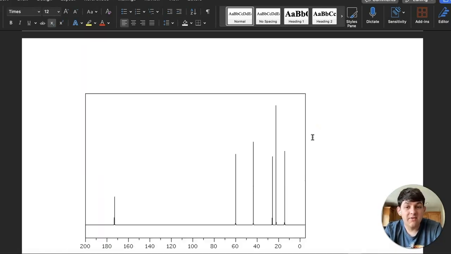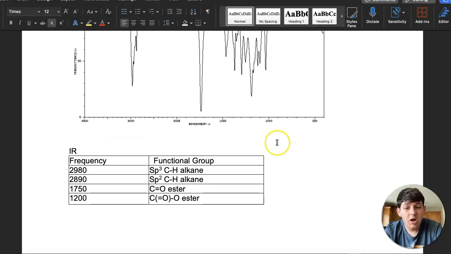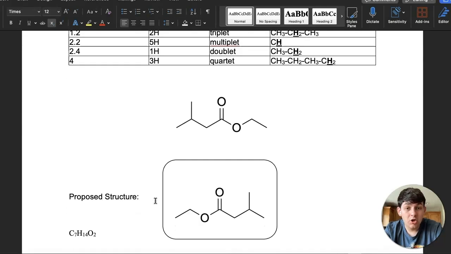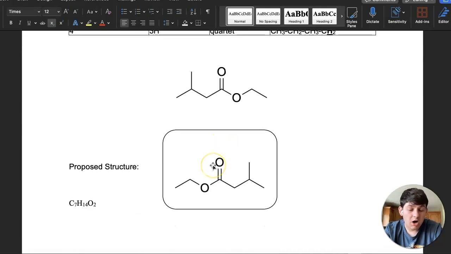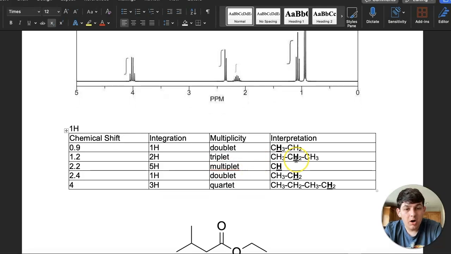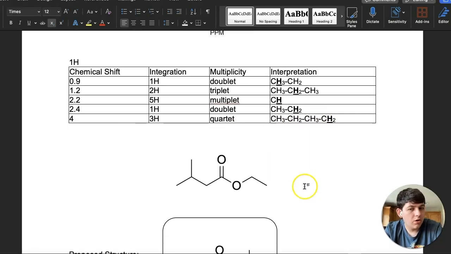In that IR, we specifically saw the presence of an ester with that C double bond O, and then the O coming off of that carbon that supplied the C double bond O with no OH. So that signifies it was definitely not a carboxylic acid. We have that presence here with this ester bond. In the HNMR, the hydrogen NMR, we specifically saw the presence of an isopropyl looking structure.